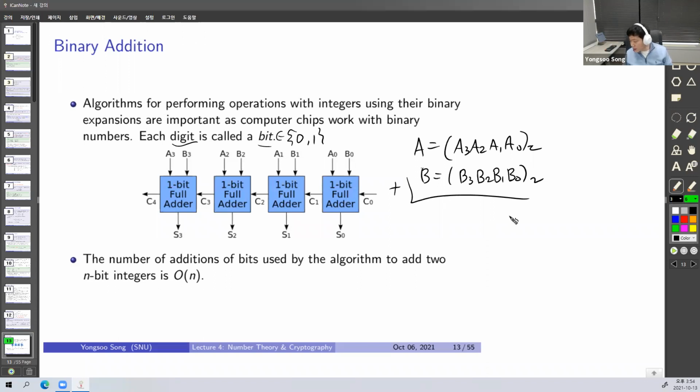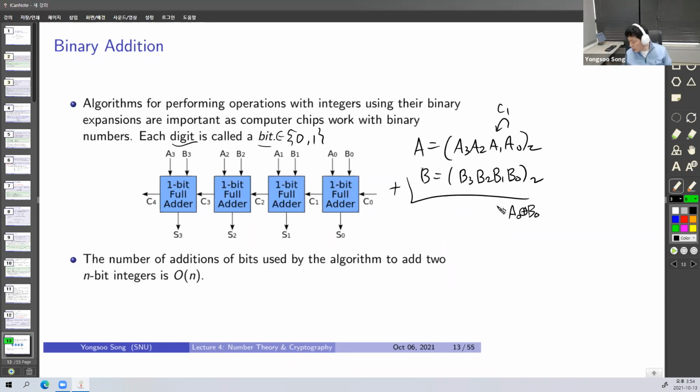You first add A0 and B0, but this sum could be 0, 1, or 2. If A0 plus B0 is equal to 2, then we say there's a carry. So this 2 goes to the next bit. This carry is represented as C1. And we just write XOR here.